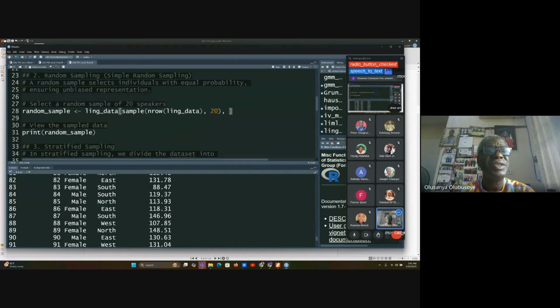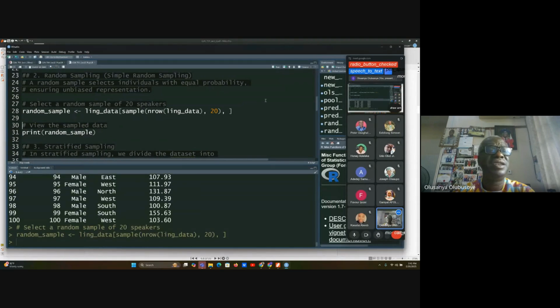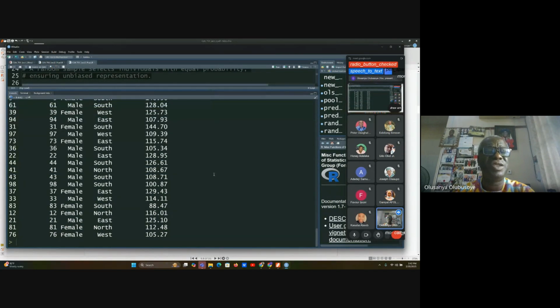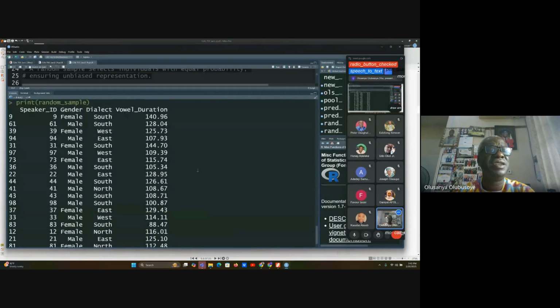So if I run this, okay, that command has been executed. But we can now see the 20 that are selected. So these are the 20 selected. Number 9 is selected randomly. Number 61 is selected.